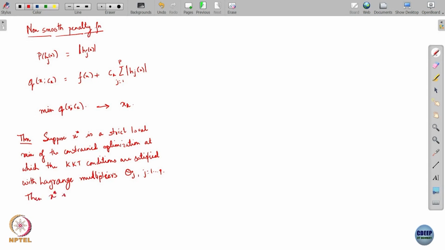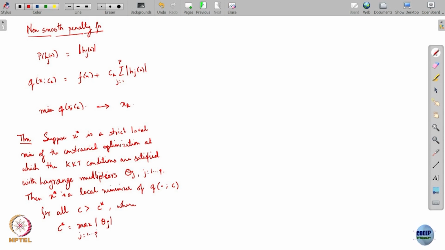Then x star is a local minimizer of q of x given c for all c greater than c star, where c star is equal to the maximum of these Lagrange multipliers.